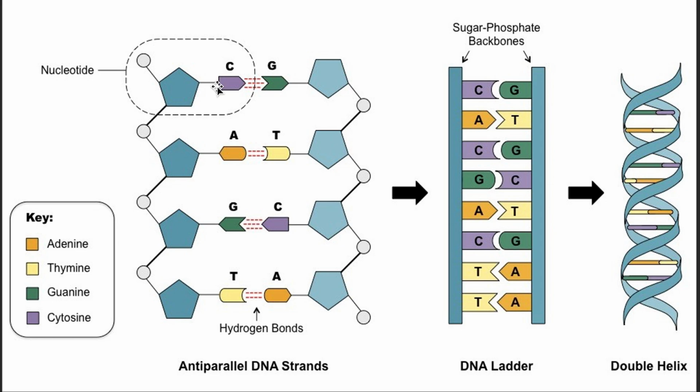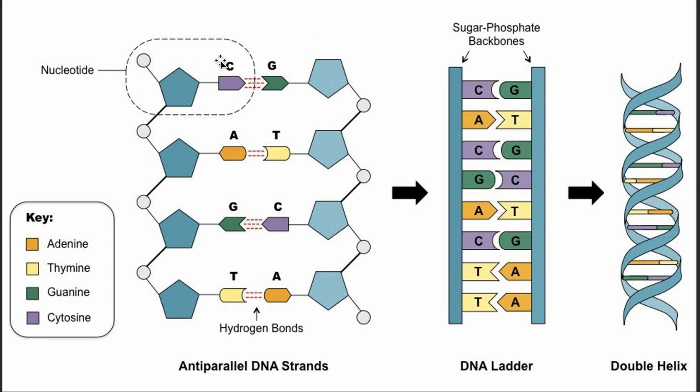So overall, DNA has 3 bonds: a phosphodiester bond between sugar and phosphate, an N-glycosidic bond between sugar and nitrogen base, and hydrogen bonds between 2 nitrogen bases.